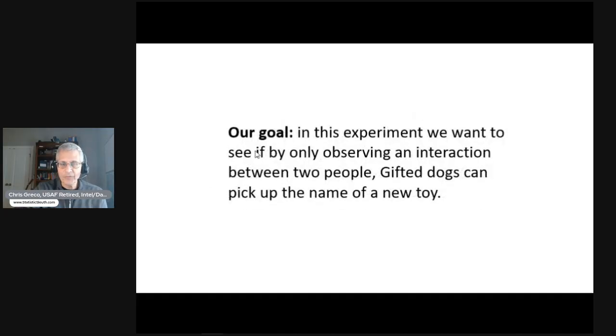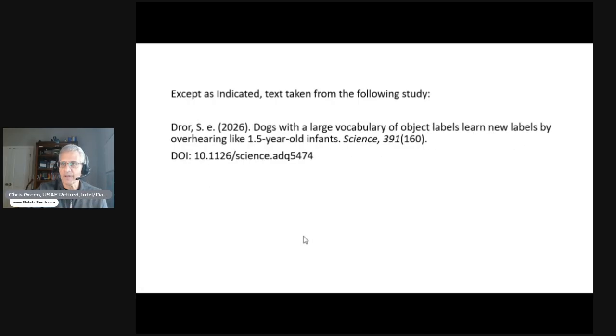So this is from the study again. "Our goal in this experiment, we want to see if by only observing an interaction between two people, gifted dogs can pick up the name of a new toy." So this is very important. That's the goal. So let's go back to the title: "Dogs with a large vocabulary of object labels learn new labels by overhearing."